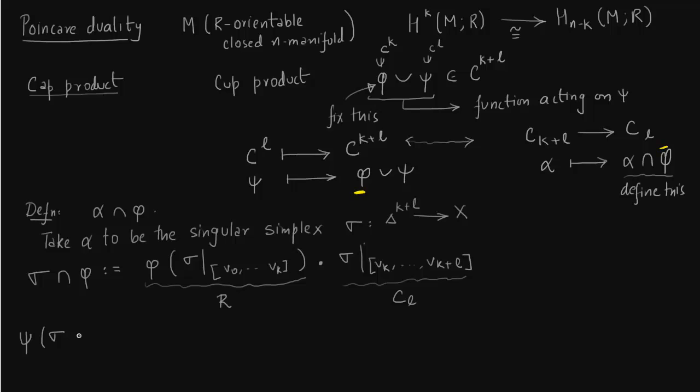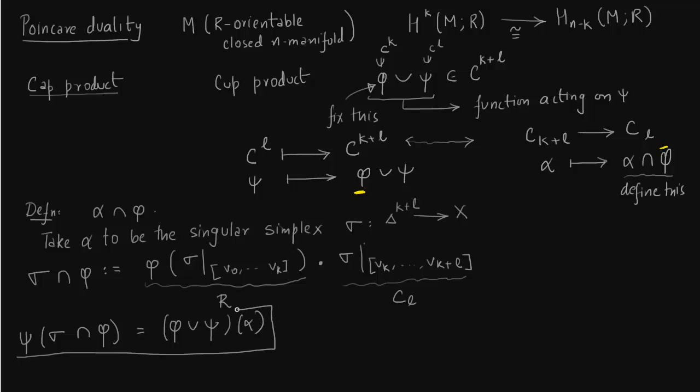So now we want to talk about this duality. The psi here, which I have just written, is nothing but a cochain in CL, and you have already seen sigma cap phi is part of CL. So we have to prove this result.